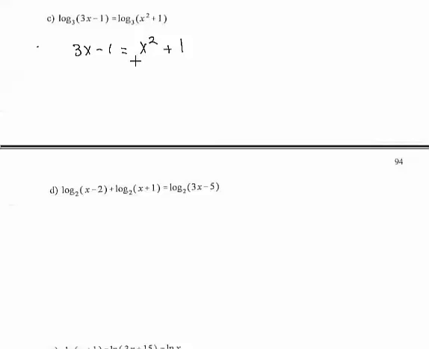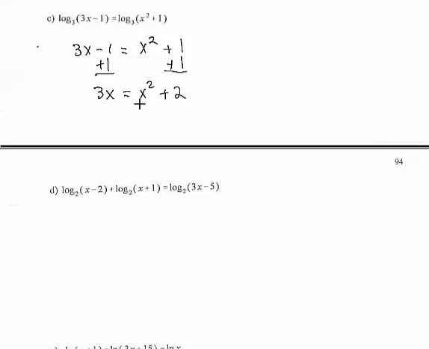Okay, so this is going to be a quadratic equation, and in that case we want to move all of the terms to one side of the equation. So I add 1 to both sides. I'll keep the x squared where it's at on the right because it's already positive.